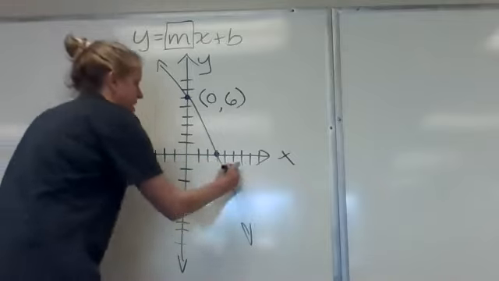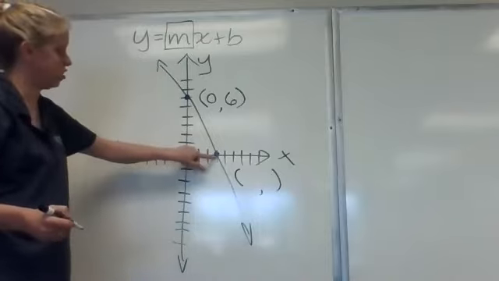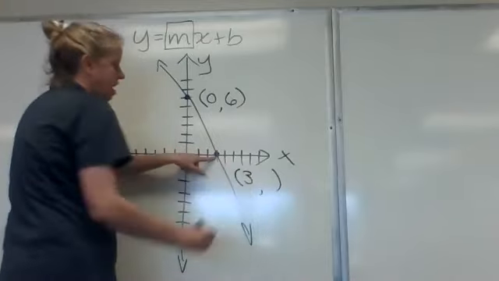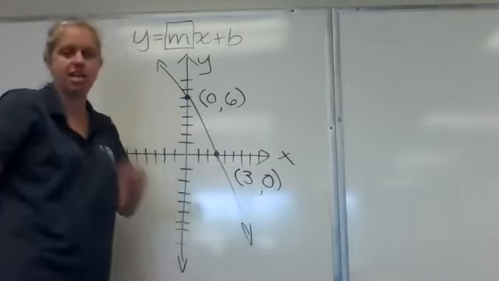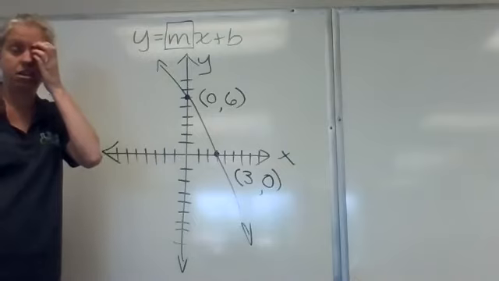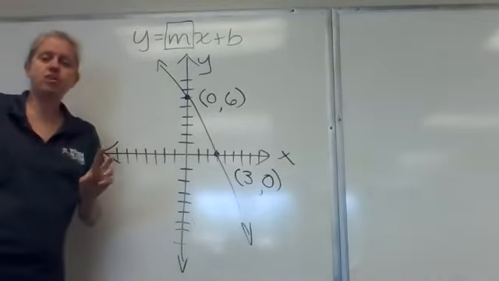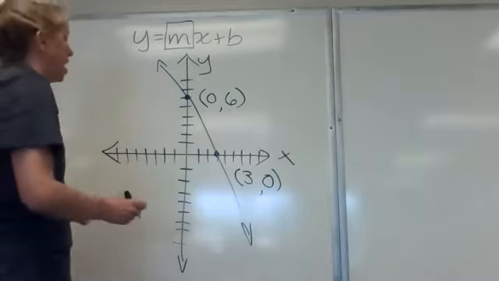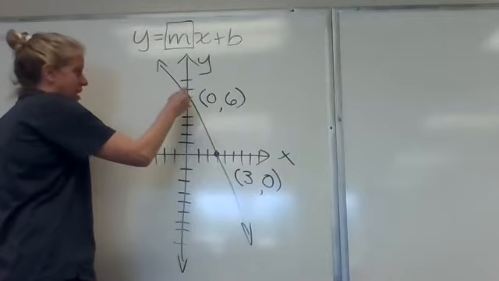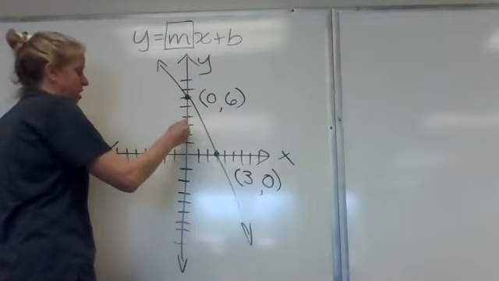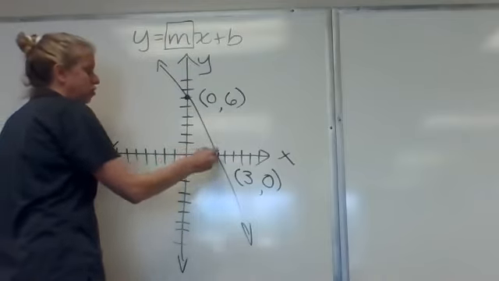This point, I can do the same thing. This time, I do move on the x. I go to +3 for the x, but I don't go up or down, which means my y is 0. So now there are 2 different things I can do to find the rise over the run. I can use my counting and go down 1, 2, 3, 4, 5, 6, and then run 1, 2, 3.